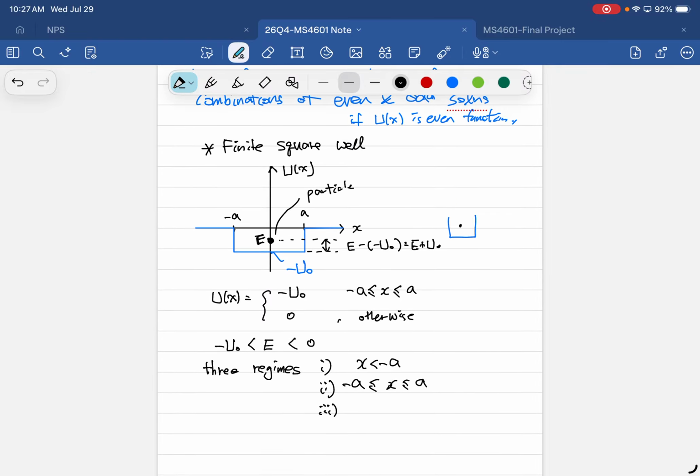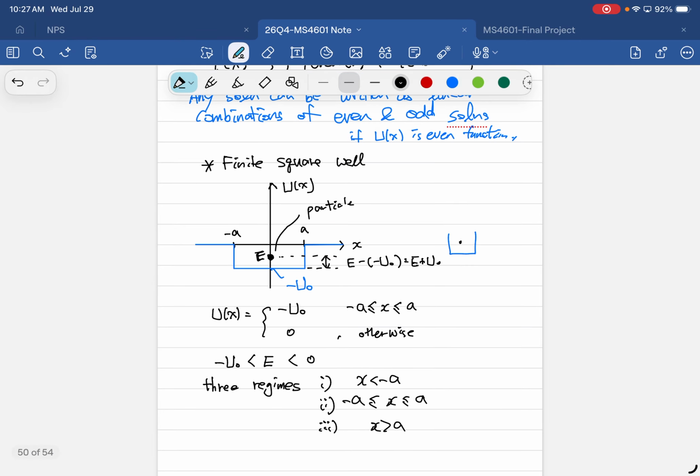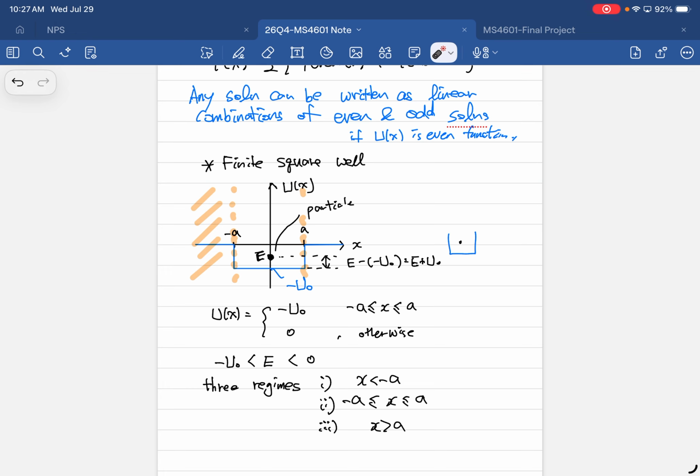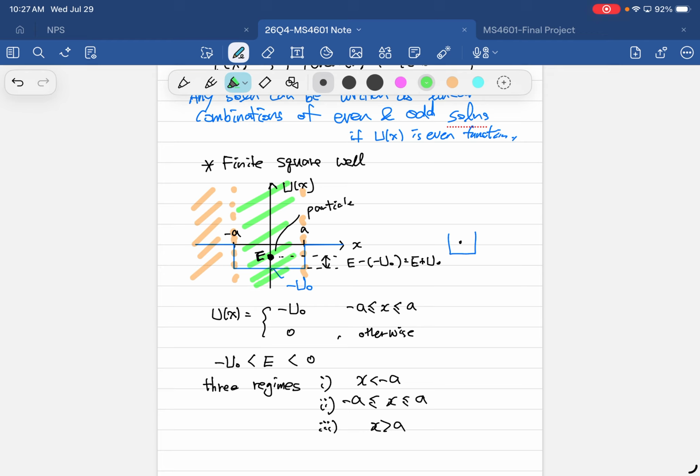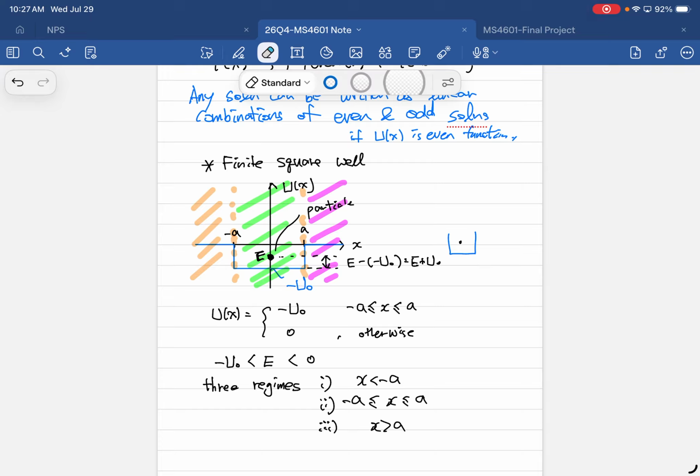And third, X is larger than A. If I draw it here, this is regime 1, this is regime 2, and regime 3 is essentially here. We have to look into these 3 regimes, because for regime 1 we have potential 0, for regime 2 we have potential negative U naught, and for the third regime, potential 0.